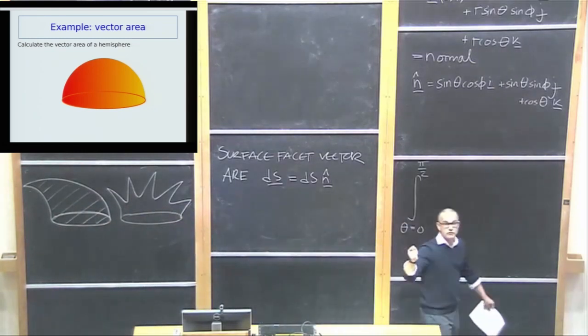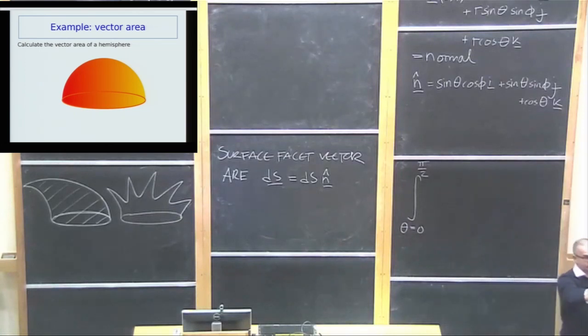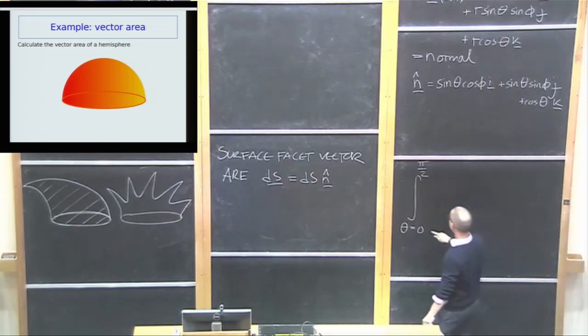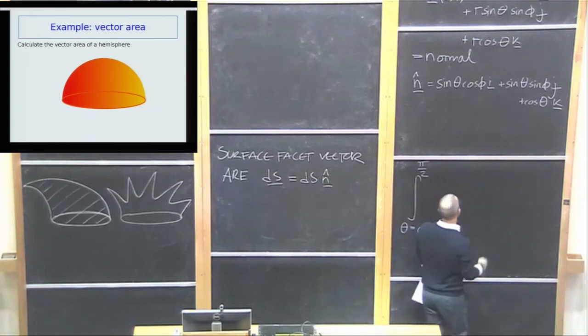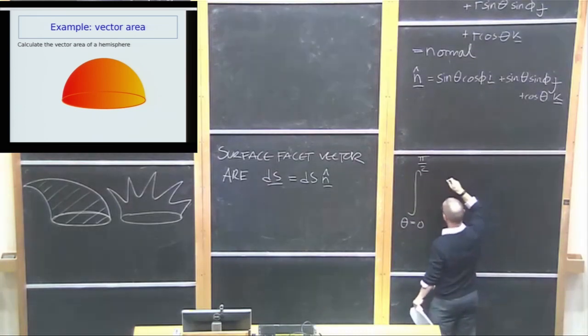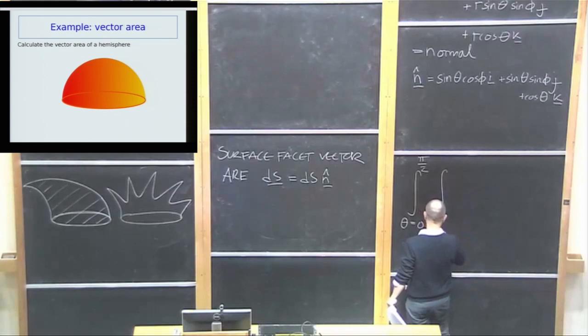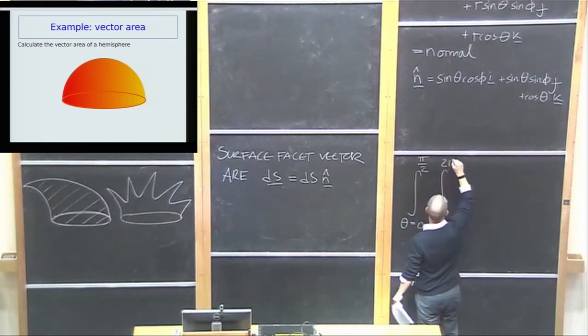Of course, that's not correct, right? In order to map out the surface of the sphere, you just need half a circle wrapped round. Okay? So a whole sphere would be theta between minus pi by 2 and plus pi by 2, and phi between 0 and 2 pi. In this case, we just have a hemisphere, so we're doing phi between 0 and 2 pi.